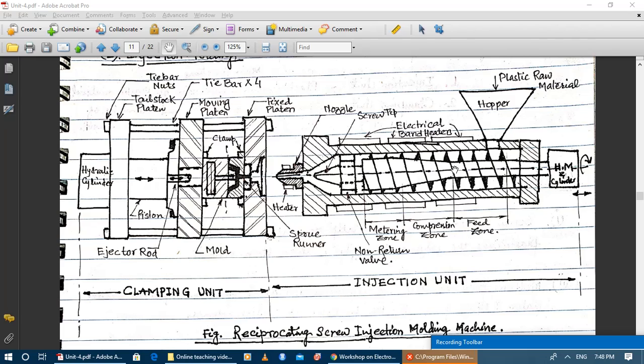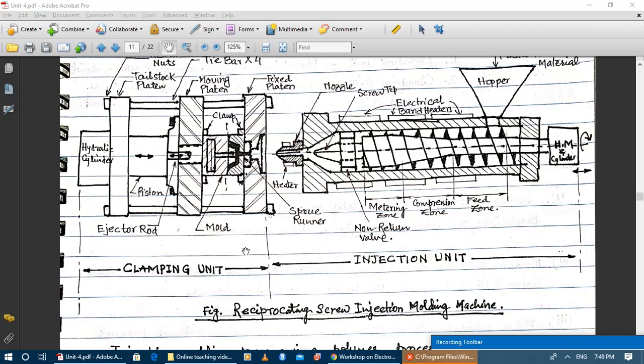When the screw moves forward, it will pressurize the molten polymer already accumulated in front of the screw tip to flow from the nozzle to the runner system and finally to the cavity of the mold. This is known as the injection phase. Electrical band heaters and the motor for rotation are the same as in an extruder.